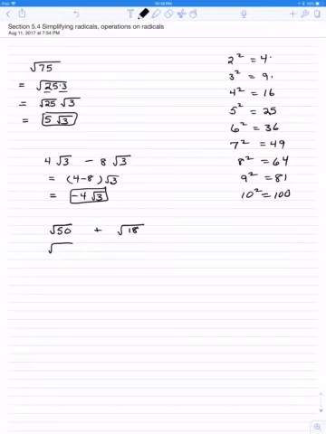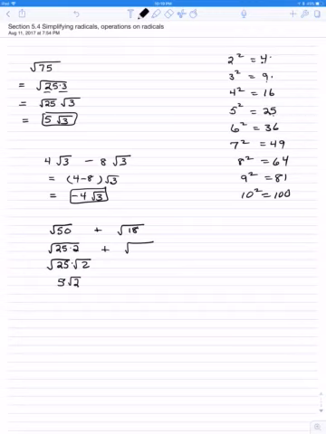So if I look at my list of perfect square factors, I say, well, 25 goes into 50 twice. So I'll break that down into separate square root factors. So the square root of 25 is 5, since 5 times 5 is 25, and I'll bring down that radical too.